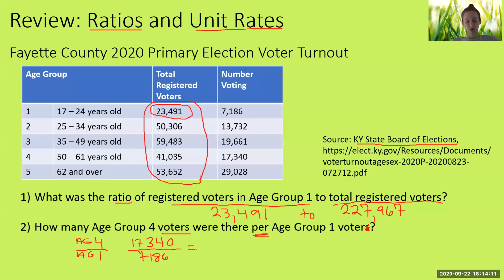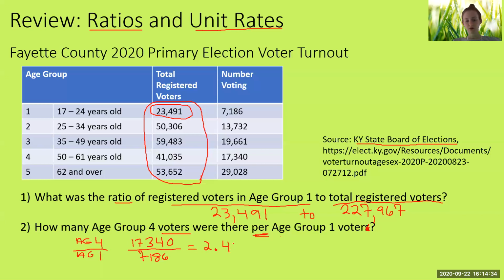So 17,340 divided by 7,186. And I get 2.41 something, something, something, right? So a long decimal number, 2.41.